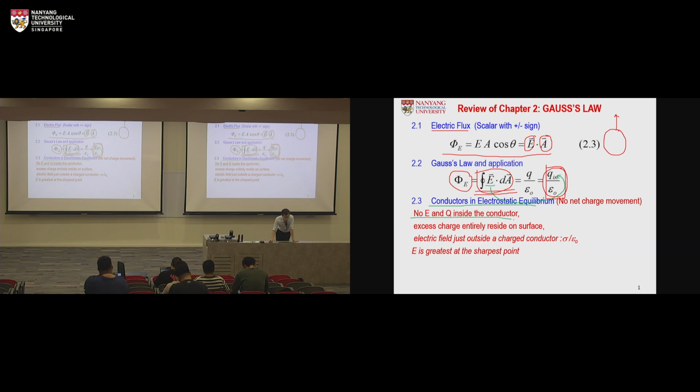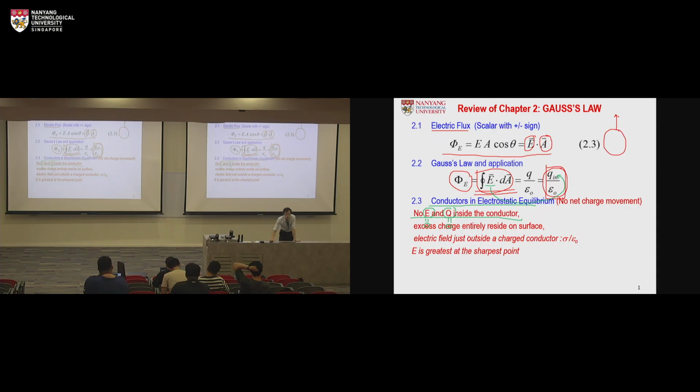These 2, inside the conductor, there is no charge, there is no electrical field. So this E is 0, Q is 0 inside the conductor. Of course, the detailed derivation, you should go back to watch the video, how we can derive these properties based on the Gauss's law.